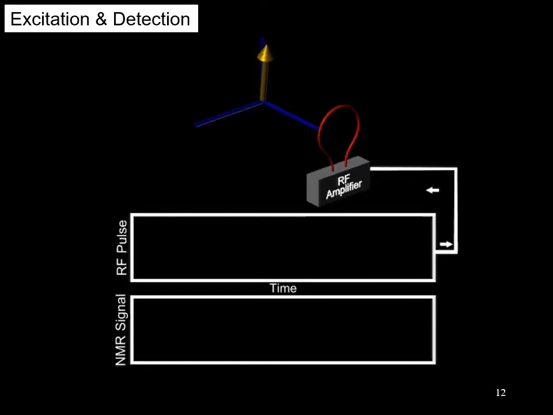In this example, they're shown as one coil being used for both purposes. As a transmitter, the coil transmits RF at the resonant frequency of the bulk magnetization vector. The vector is tipped from its resting state aligned along the z-axis to an alignment perpendicular to the z-axis, usually referred to as the transverse or xy plane.